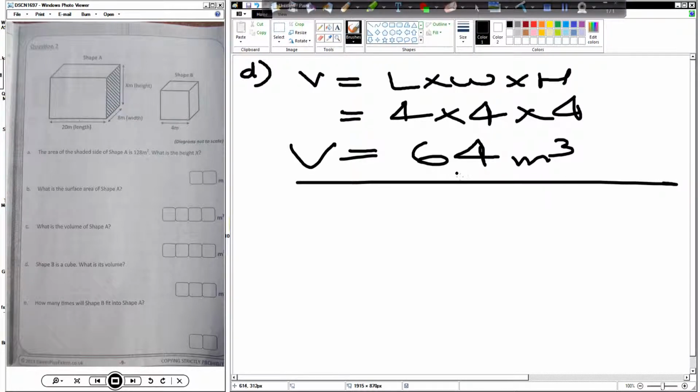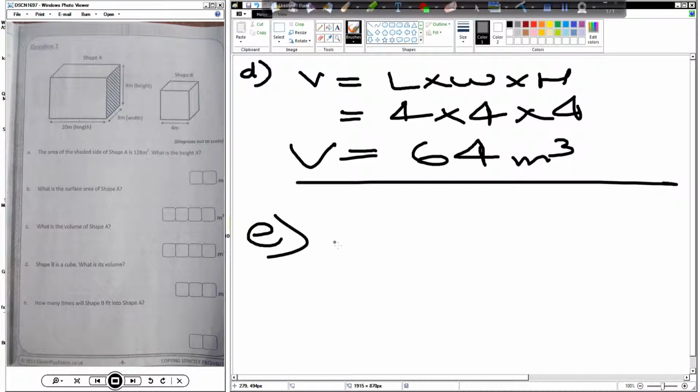Okay, 64 meters cubed. Okay, did you get that right? Excellent. E. How many times does shape B fit into shape A? So for question E, what do we do? What was the answer for question D? 64 meters cubed.